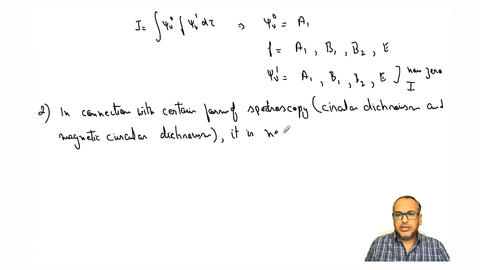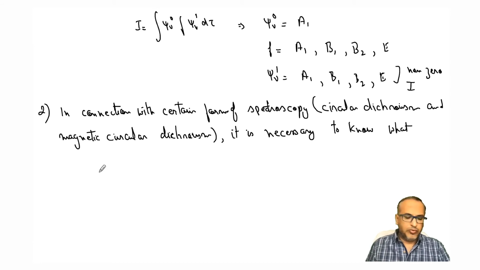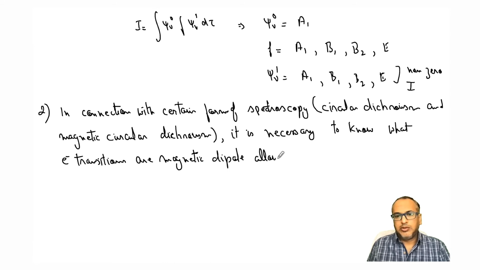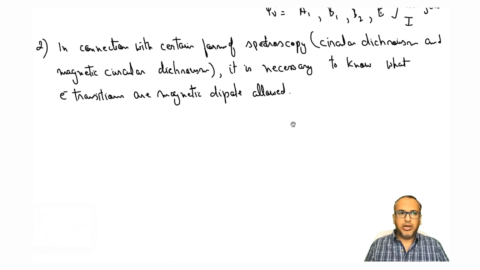So it is necessary to know what electronic transitions are magnetic dipole allowed. We have already learned which transitions are electric dipole allowed. So this one is about magnetic dipole allowed, right?